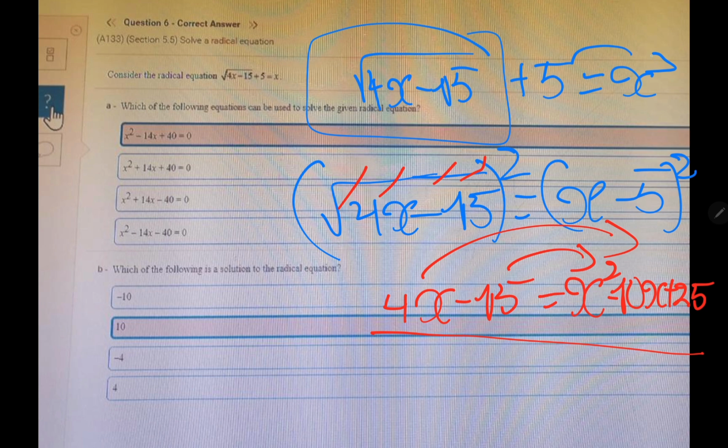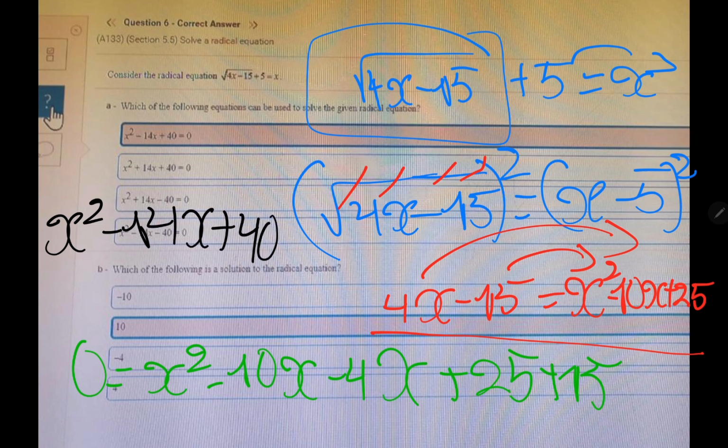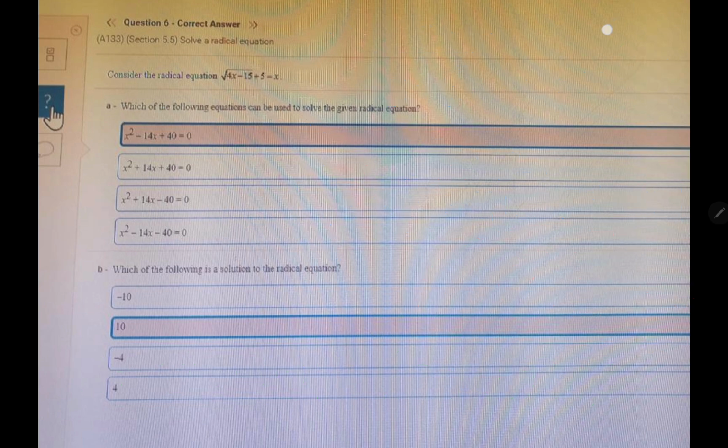We're gonna have 0 is equal to x squared minus 10x minus 4x plus 25 plus 15, and then in simplest form it is gonna become x squared minus 14x plus 40 is equal to 0. So this is our answer. Now our answer was this. We need to factor this.